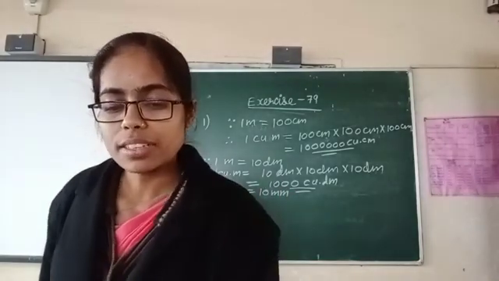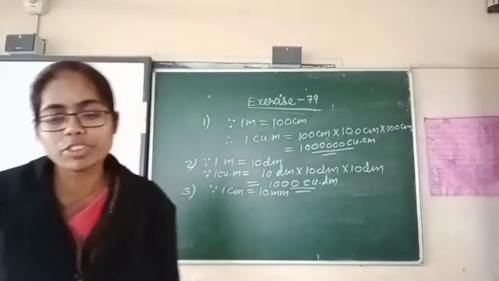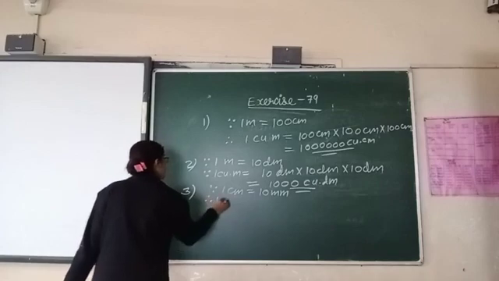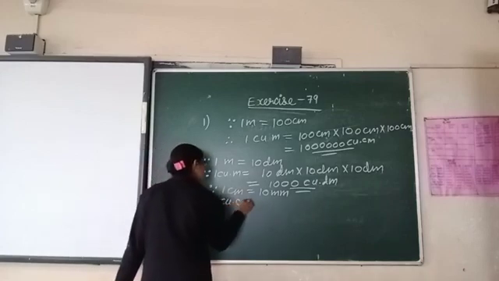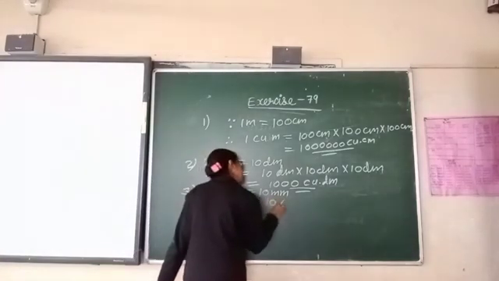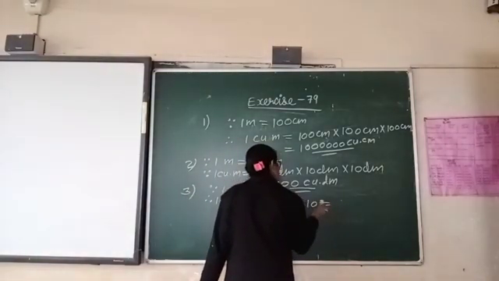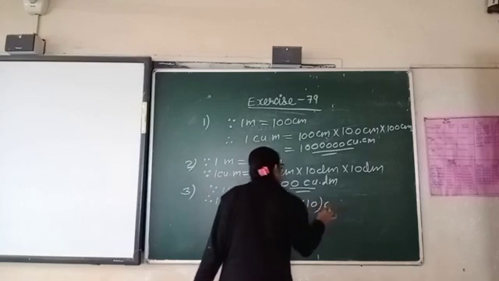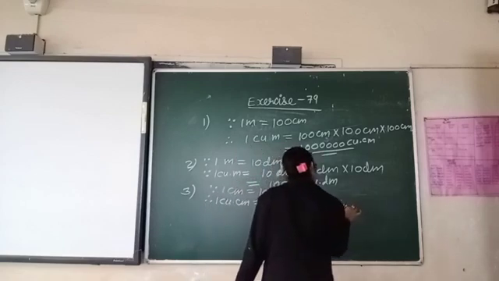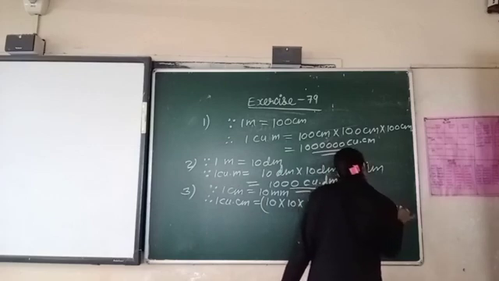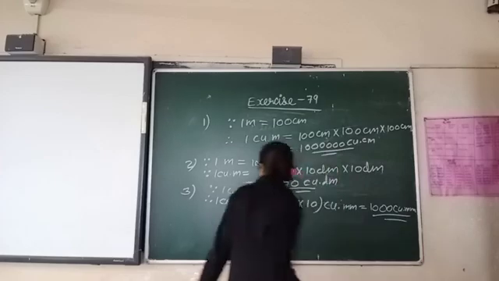What do we have to find? 1 cubic centimeter. Therefore, 1 cubic centimeter equals 10 into 10 into 10 cubic millimeter. So what will we get? 1000 cubic millimeter. This is the answer for question number 3.